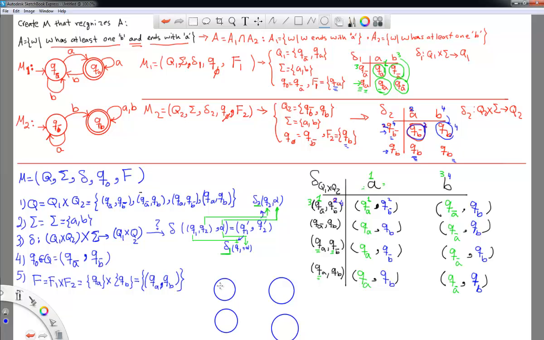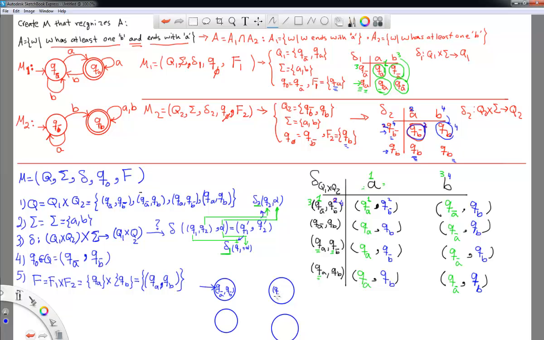So the first state is going to be the pair of Q naught A and Q naught B, which is going to be the start state.